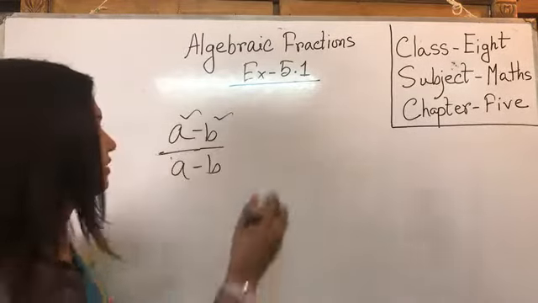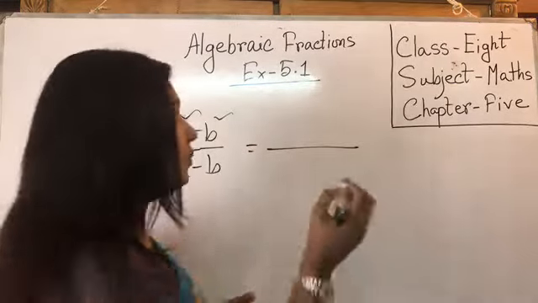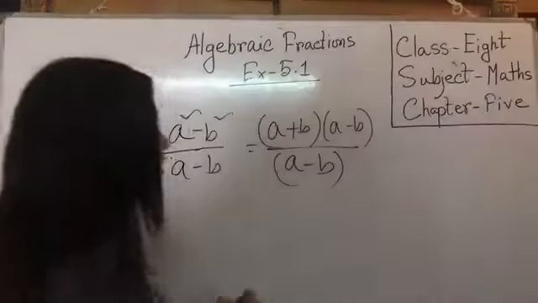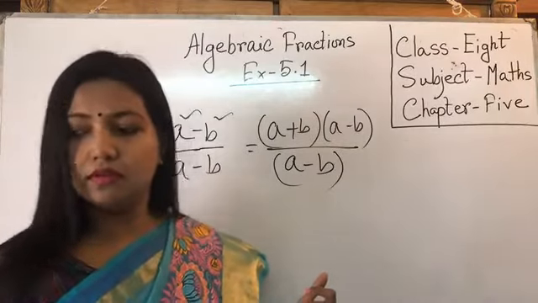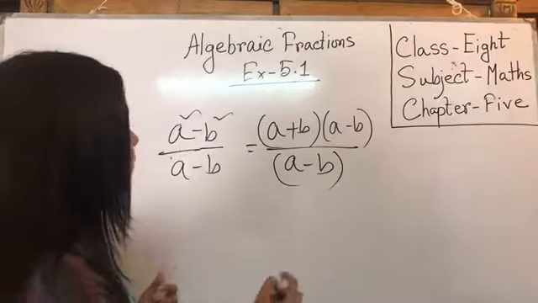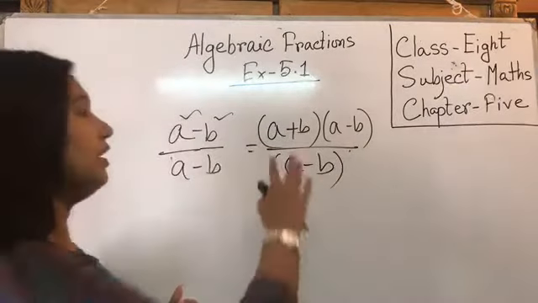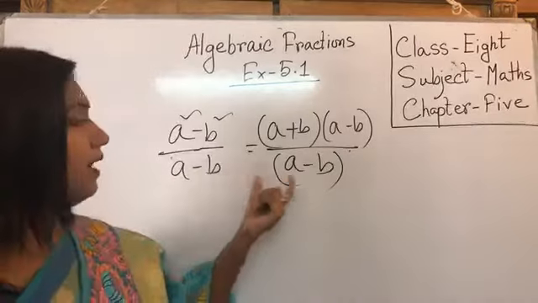How can I write it? I write a square minus b square. Where's the formula? That means a plus b, and in the lowest term, this is the formula of a square minus b square: a plus b and a minus b, and in the denominator term is a minus b.